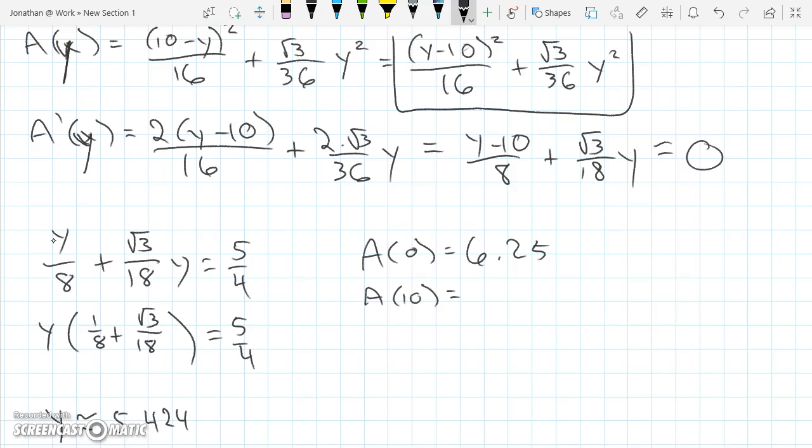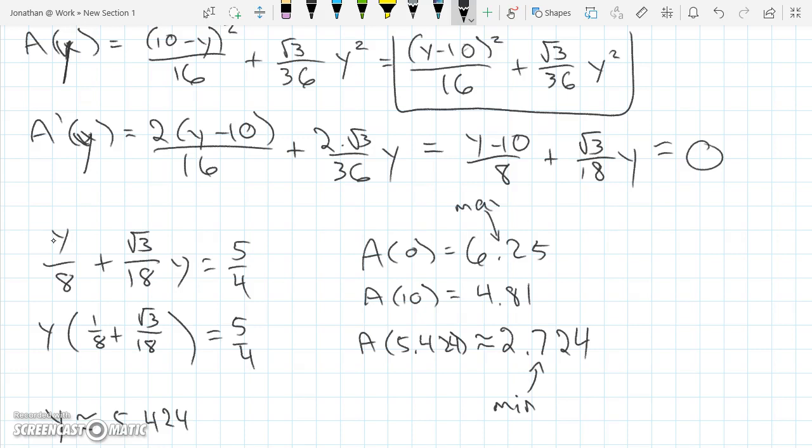That comes out to be 4.81. Or we can plug in our middle here, 5.424, and I got that to be about 2.724. So that is clearly going to be the minimum, if we cut it there, or the maximum is if we just make a square and no triangle.